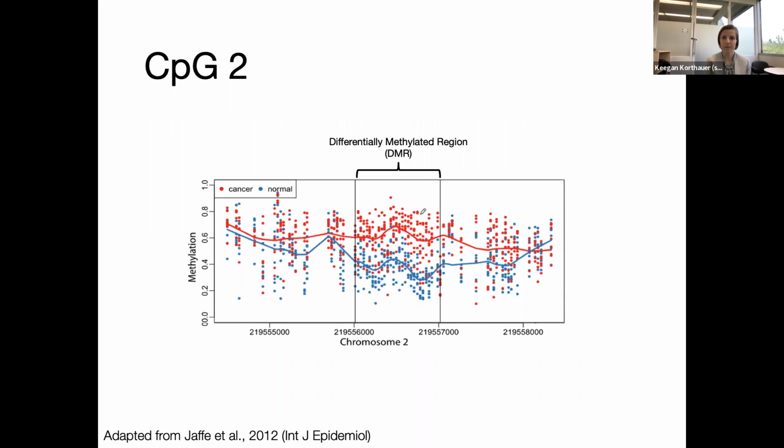And for this reason, a fundamental task in the analysis of methylation sequencing data is to detect differentially methylated regions, which I'm going to abbreviate as DMRs. This is enabled by higher resolution techniques such as sequencing, because we may miss these if we only measure a small subset of these CpGs, like in hybridization arrays.